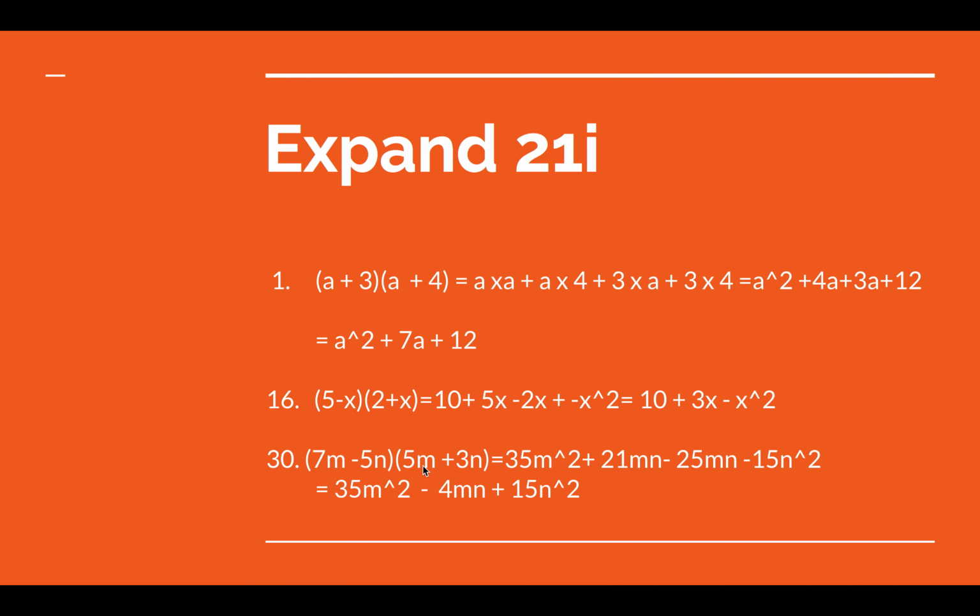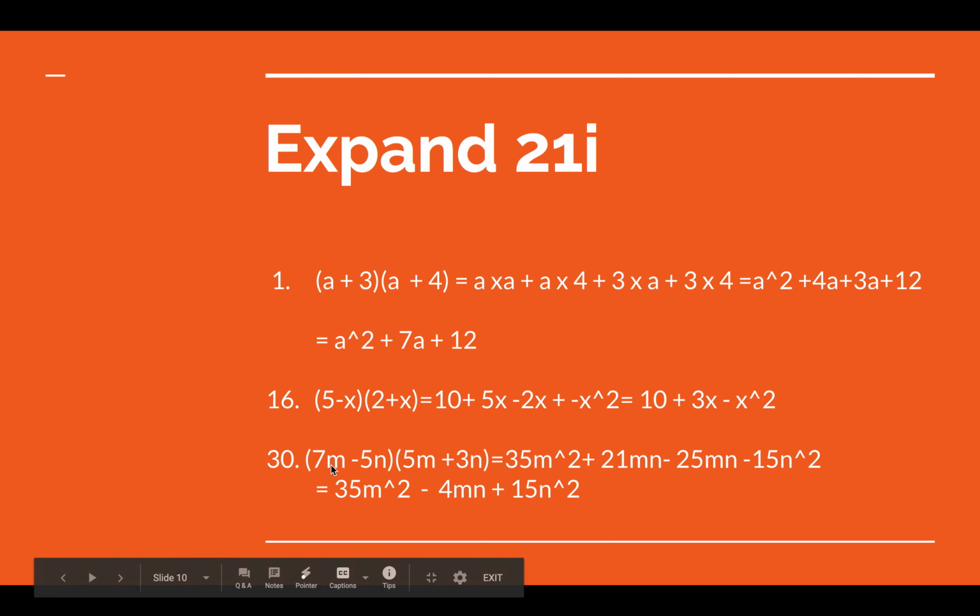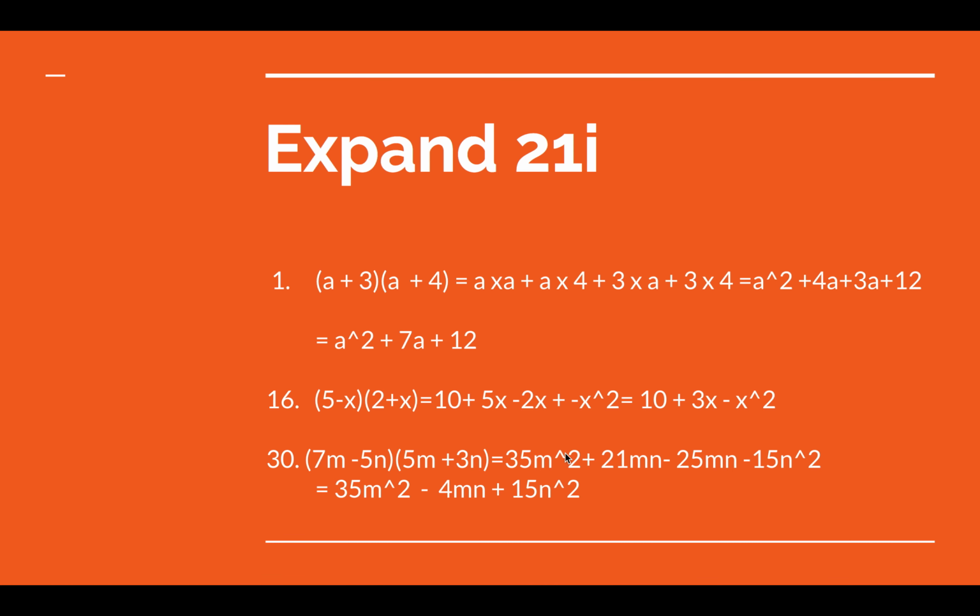I'll do this again. 7m multiplied by 5m, we get 35m squared. Since 7m had an m and 5m had an m, we get the m squared from there. 7 times 5 is just 35, so that's our 35m squared. Then 7m multiplied by 3n is 21mn.